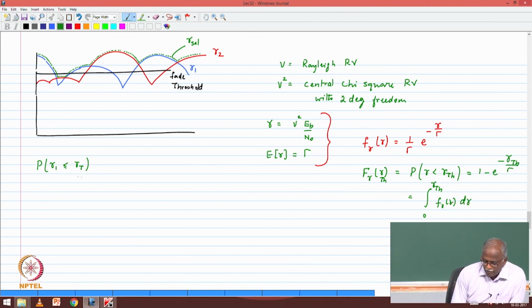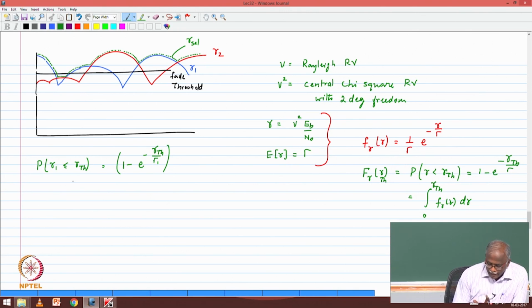So what you're asking is basically the cumulative distribution function for gamma 1. This would be given by 1 minus e power minus gamma threshold divided by gamma 1, where gamma 1 represents the average SNR of antenna 1.